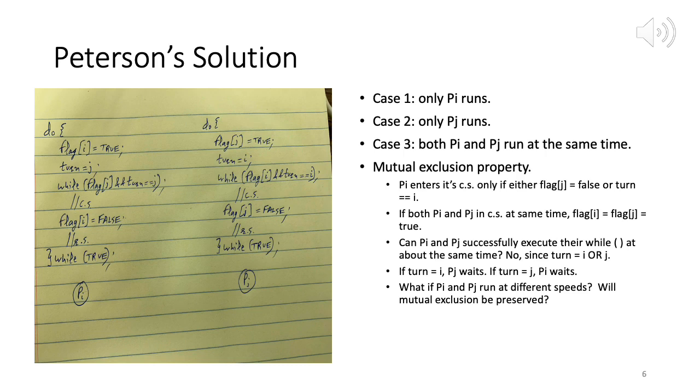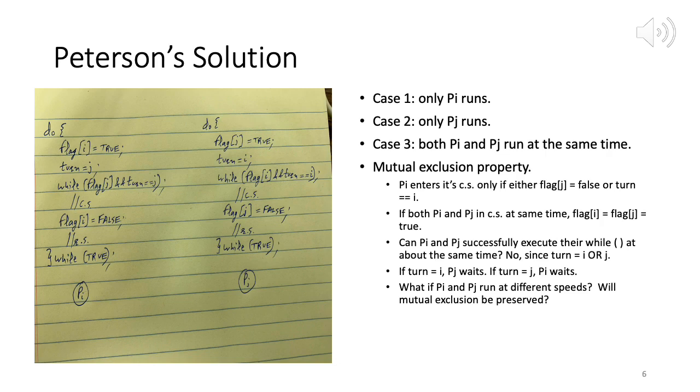That's always possible. But both of them cannot be in their critical section at the same time. That's what we are saying. That will ensure the mutual exclusion property, which further will ensure that our synchronization is strong and successful. Okay, so let's look at a couple of scenarios.